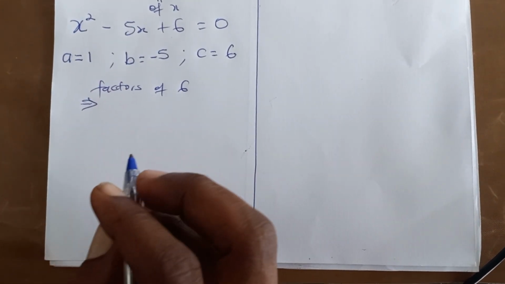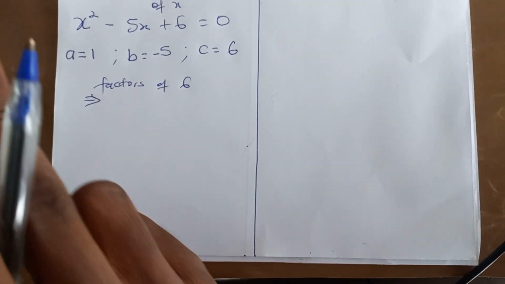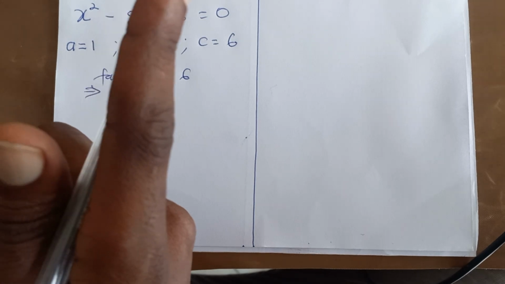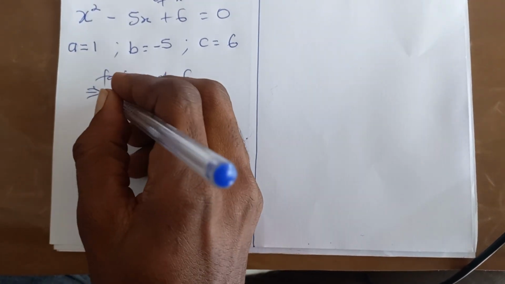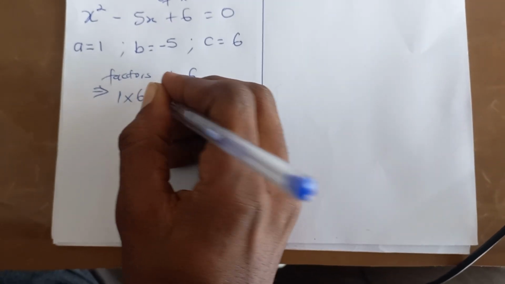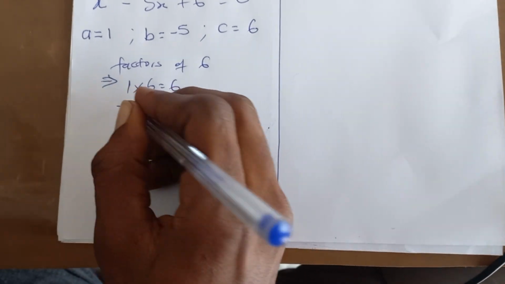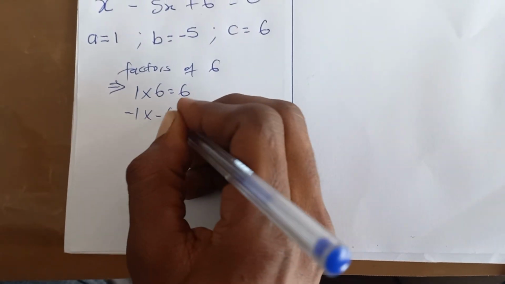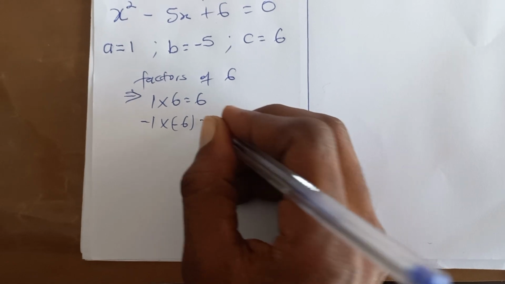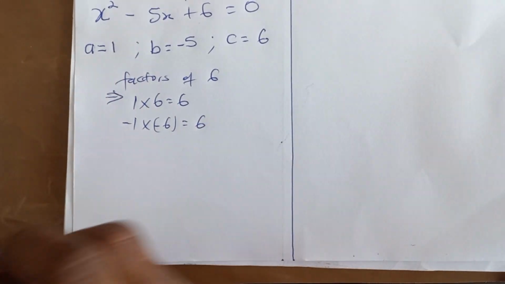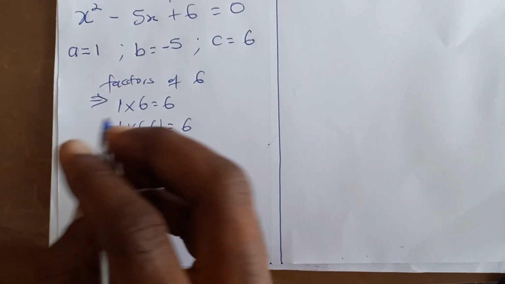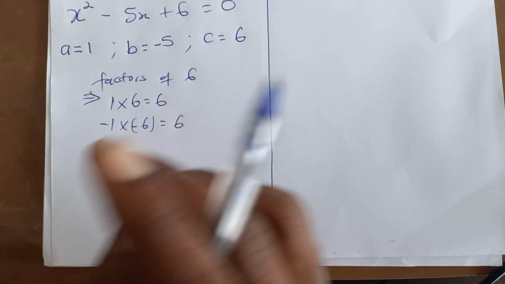So, in this case, when you multiply 1 by 6, you see that you are getting 6. Then negative 1 multiplied by negative 6, what are we getting? We are getting positive 6. Good. We can get 2 and 3 too.